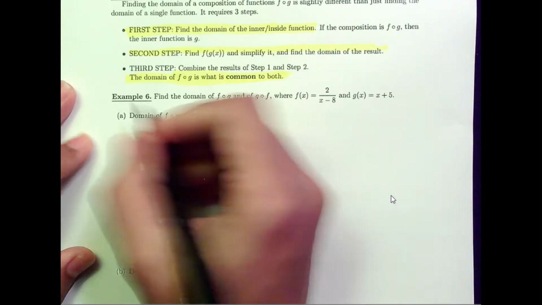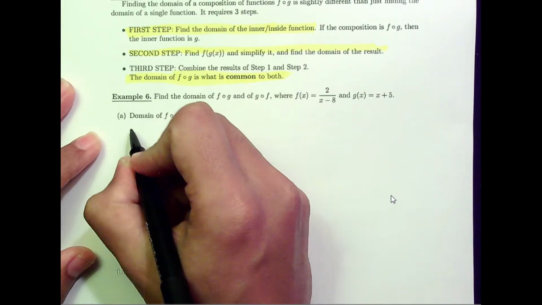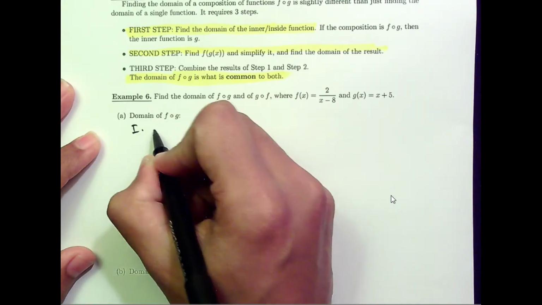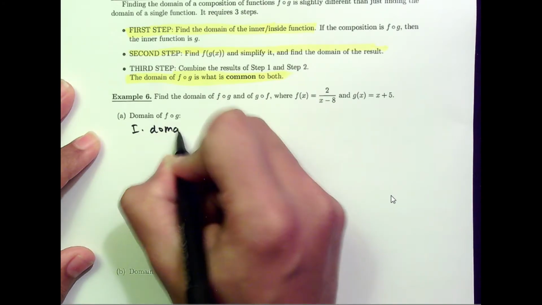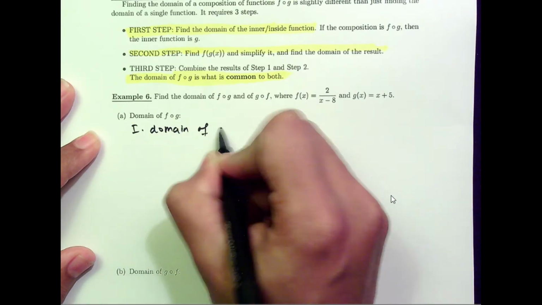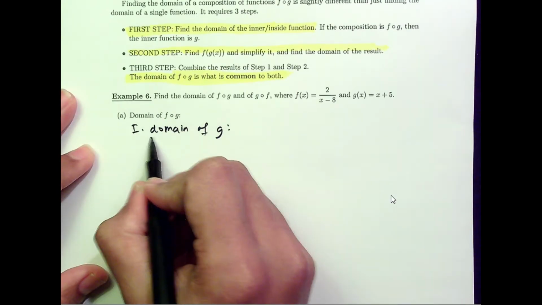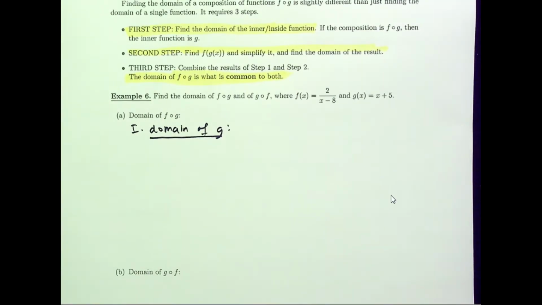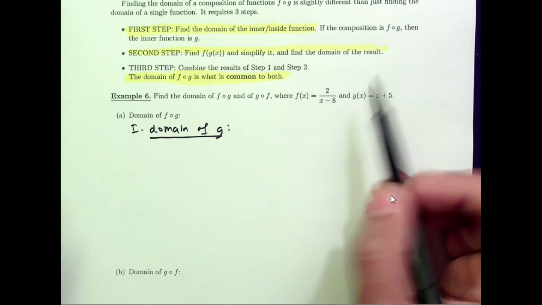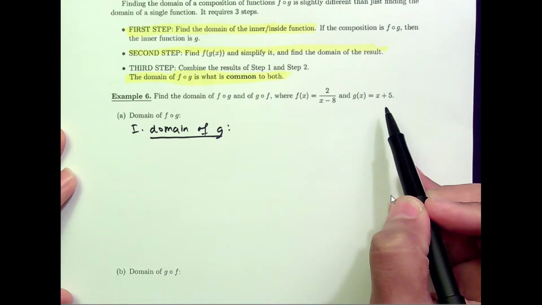Okay, so the first thing we're going to do is find the domain of the inside function. So the domain of g. All right, and now look at what g is. g is just x plus 5.